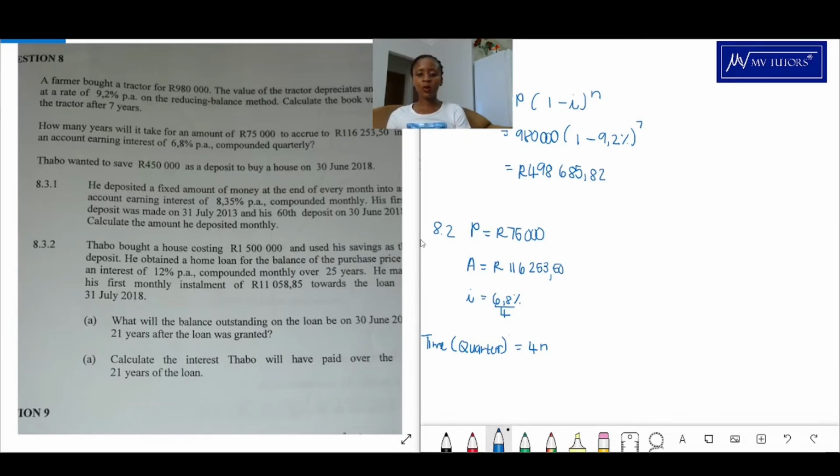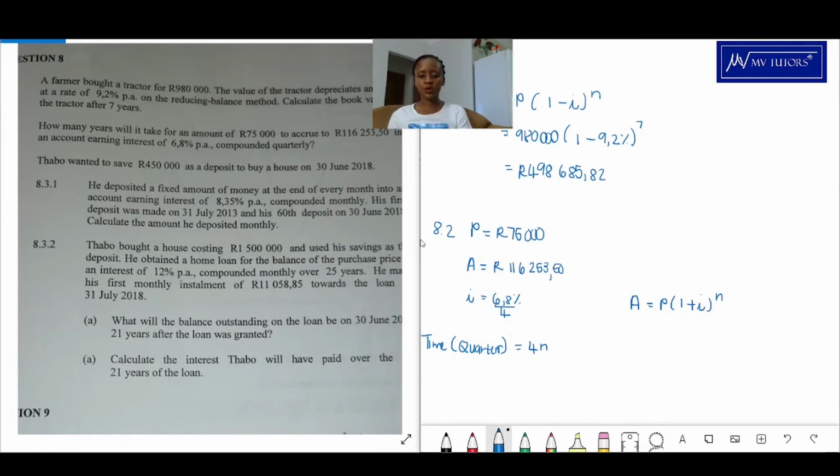Okay, so now what is the formula we're going to use? Same story. This is not an annuity. So if it's not an annuity, then we're going to use this formula here. But instead of a minus like we did previously, it's going to be a plus.